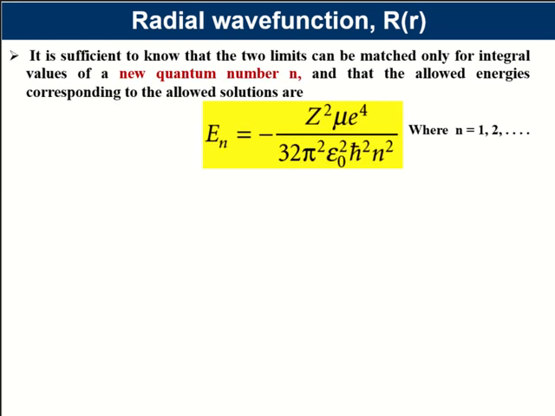Here the energy you will find from this equation can be calculated to be Z square mu e to the power 4 over h cross n square. So this is a new quantum number that comes into the picture in the radial wave function. For a one electron system, it is the n which determines the energy.